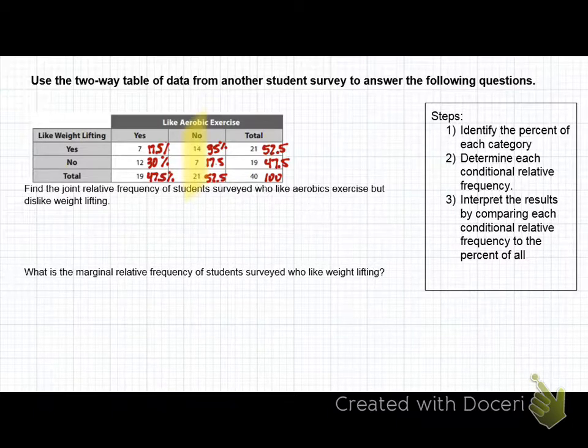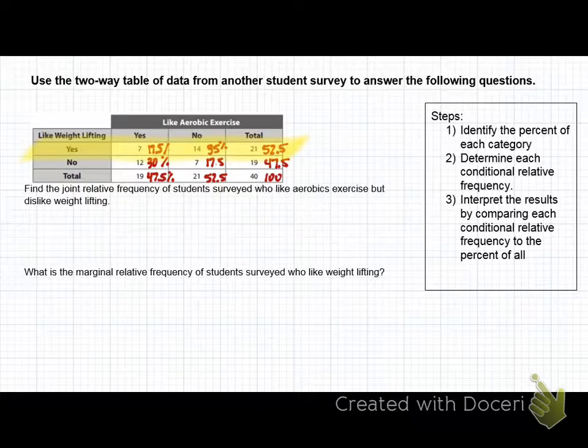No, so sometimes you have to be real careful what the question is asking. Sometimes it's saying, hey, I want you just to focus on people who don't like aerobic exercise. Okay? Or it could be the other way around. You could say, given people who like weightlifting, what's the percentage of them that also like aerobic exercise? So how many total people like weightlifting? 21.